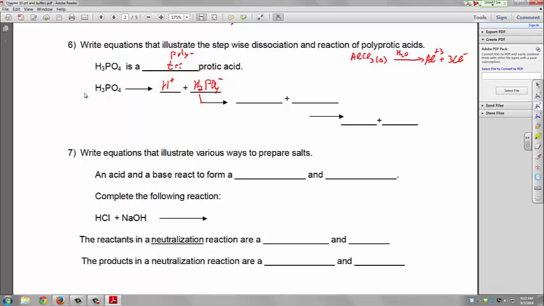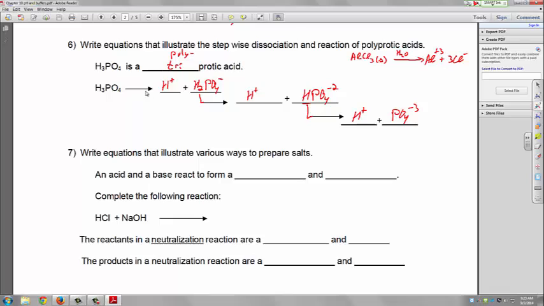H2PO4 still has two hydrogens, so it's still an acid, and it can deliver another hydrogen. So it went from H2 to HPO4, with a minus 2 charge. This still has one hydrogen left, so we can deliver one more hydrogen and end up with PO4 minus 3.